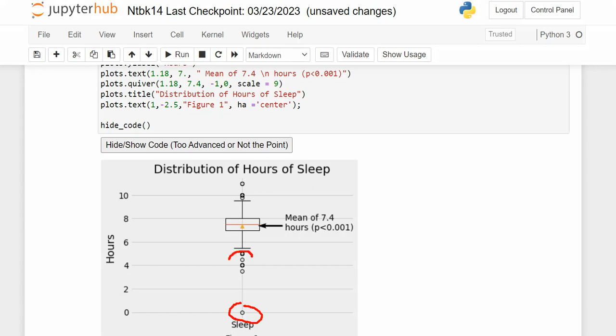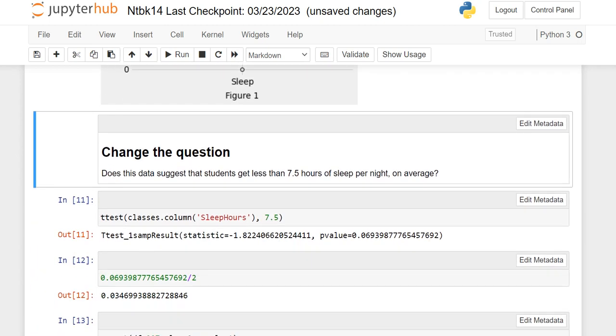But notice that the average is the gold triangle, and the red line, so the mean and the median are close to each other. And they're both significantly less than 8, it appears. We have scientific evidence that the mean is significantly lower than 8.